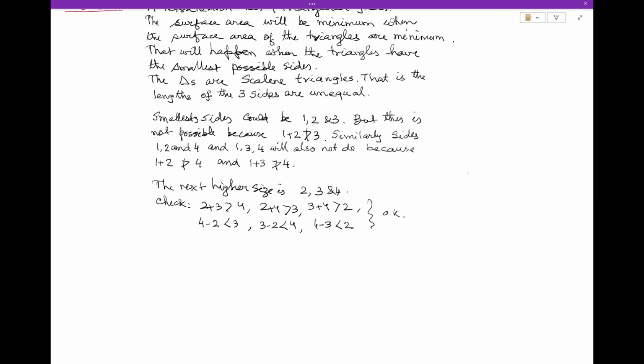Therefore, the sides 2, 3 and 4 will do for a triangle, and since the three sides are unequal, this is a scalene triangle.